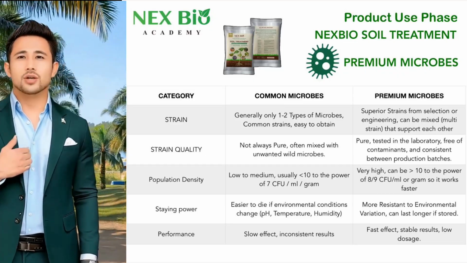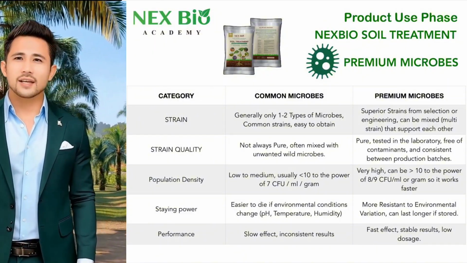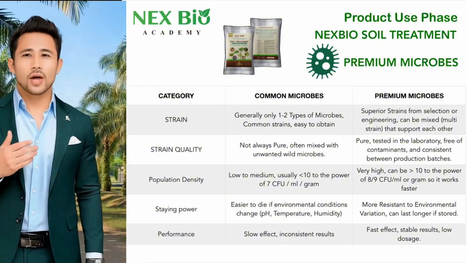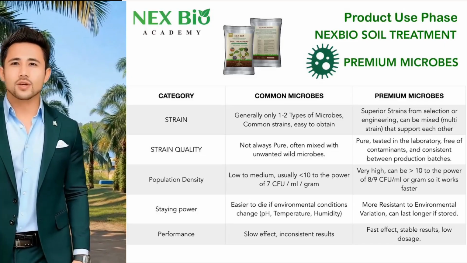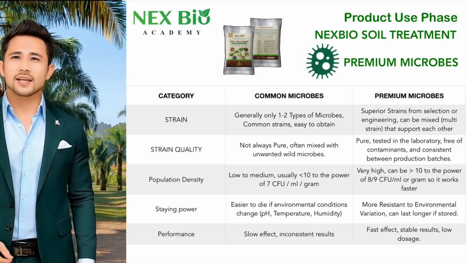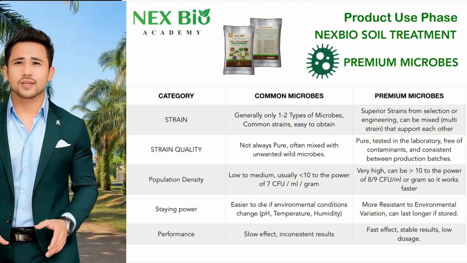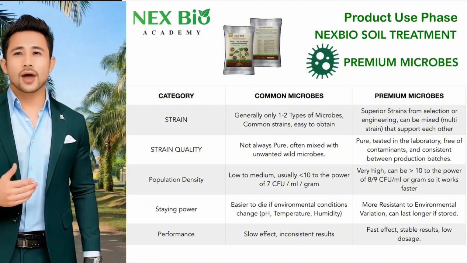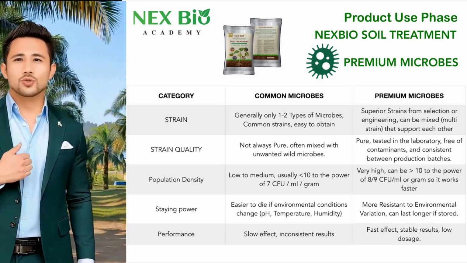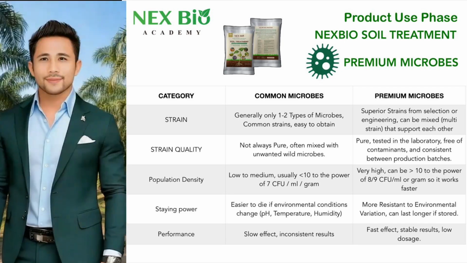The second category is the strain quality. The common microbes are not always pure, often mixed with unwanted wild microbes. But premium microbes are very pure, tested in the laboratory, free of contaminants and consistent between production batches. The third category is the population density.